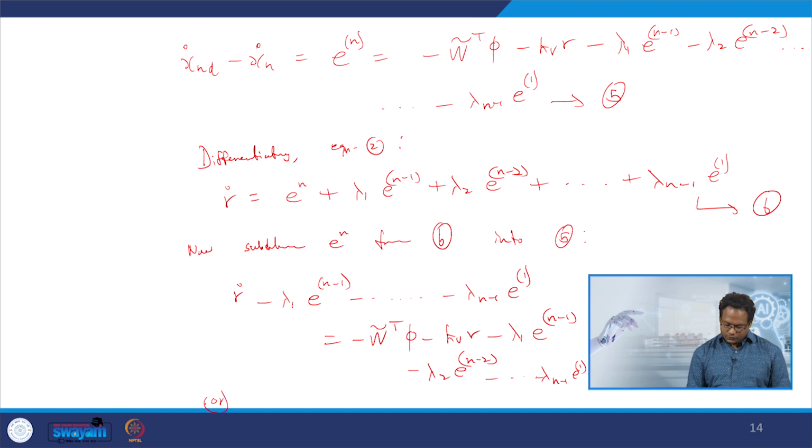Or we can precisely say r dot equal to minus kv into r minus w tilde transpose phi, that is equation number 7, because this and this will get cancelled. Okay. So, r dot equal to minus kv r minus w tilde transpose phi is equation number 7.